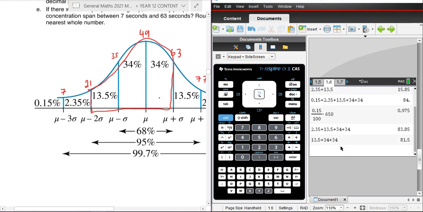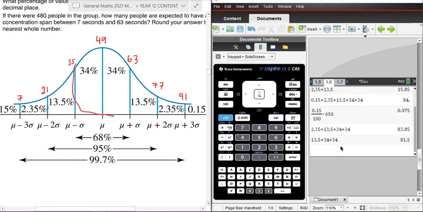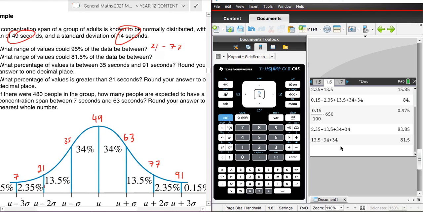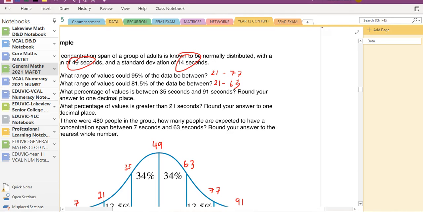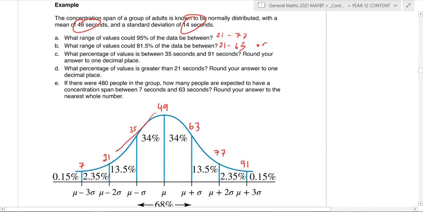But on the flip side, 81% of your data could also lie between 35 and 77, because notice how this is basically a mirror image of this. So there's actually two ranges there. So we determined that it could lie between 21 and 63, or it could also lie between 35 and 77.